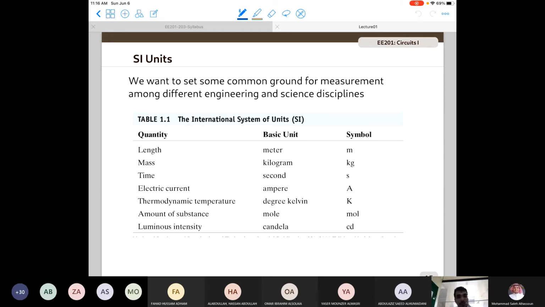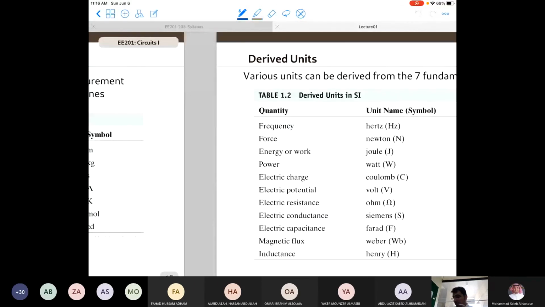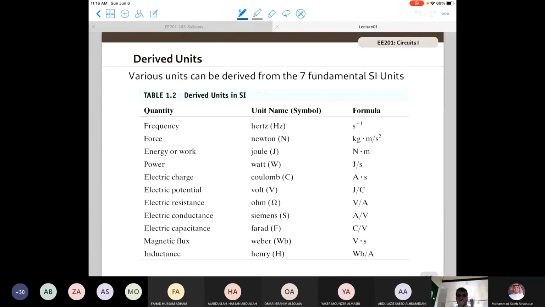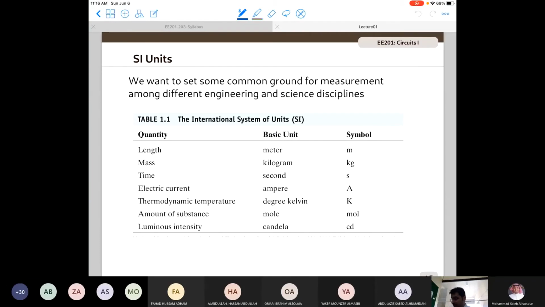Those are the fundamental units, and all other units were derived from these 7 fundamental SI units. In this course, we're going to use, I believe, mass and time extensively, and electric current.